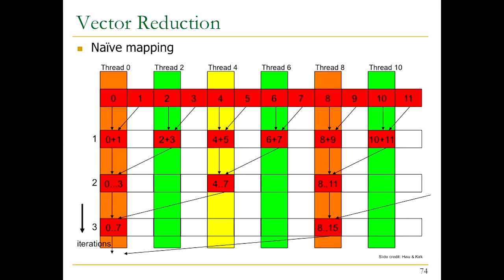What's the problem with this naive mapping or this naive implementation? The problem is, as long as iterations pass, we have less threads running, but that's not the problem, because actually that's inherent to the algorithm itself. The problem is that here we only have even threads working and odd threads are idle. So half of our warp is completely idle. So we are wasting half of our vector lanes, right?